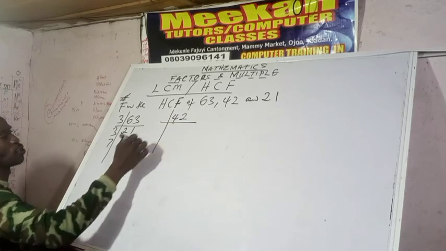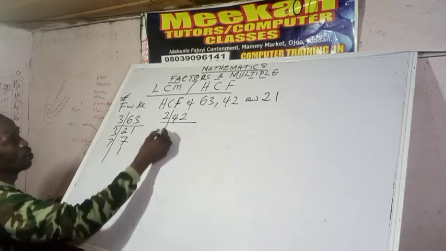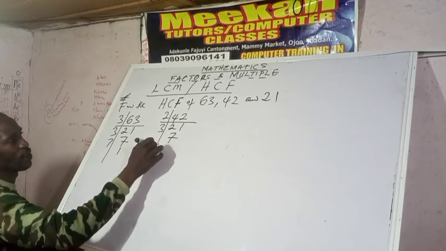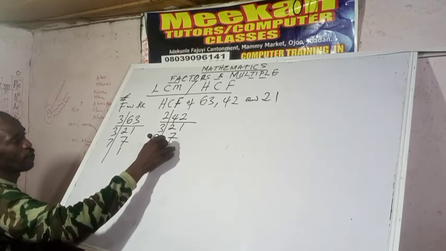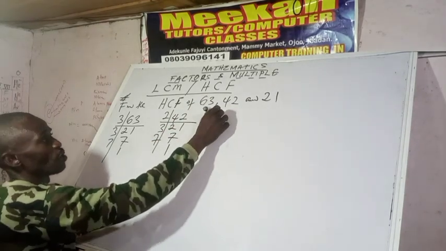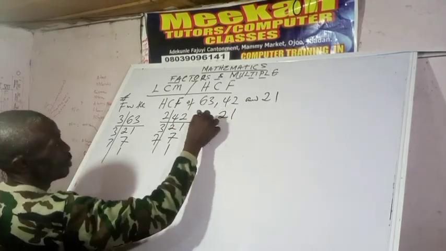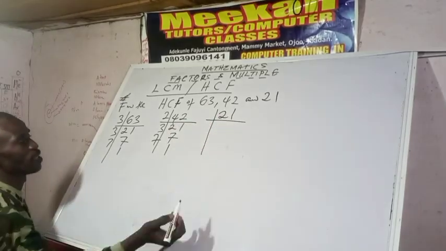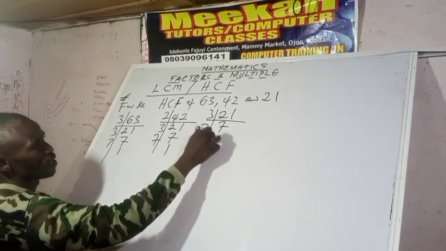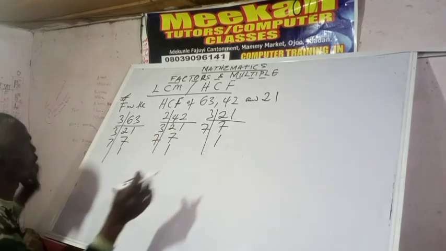I write 42 and see what can go here. 2. 2 here, 2, 1. 3 here, you have 7. 7, you have 1. The other one, I go with 21. 3 can go here. You have 7. 7 here, you have 1. Now, I will write all this out.